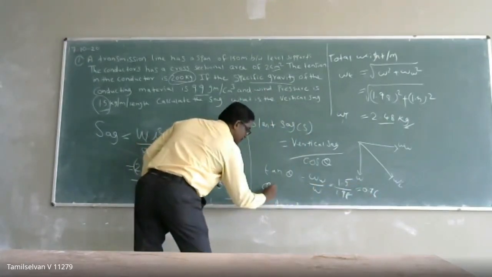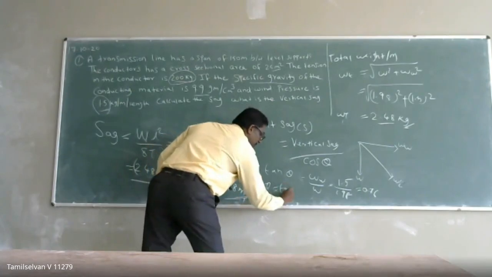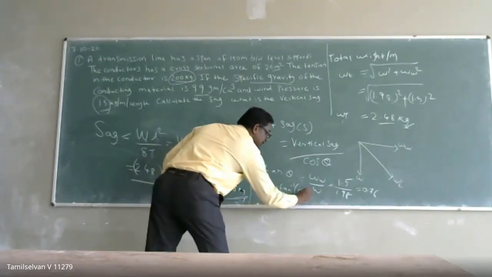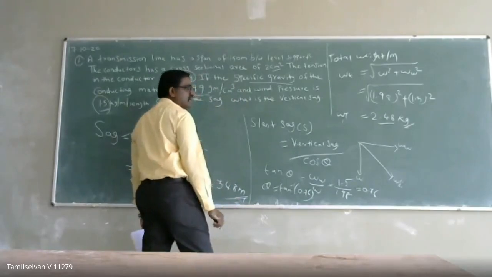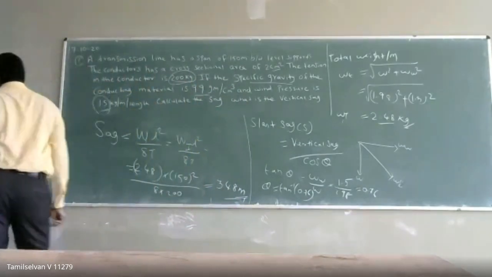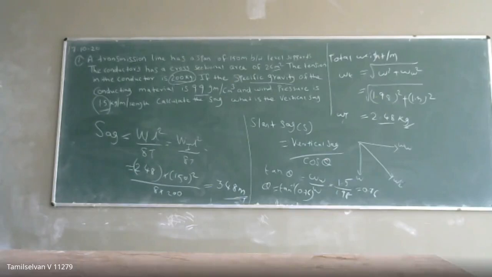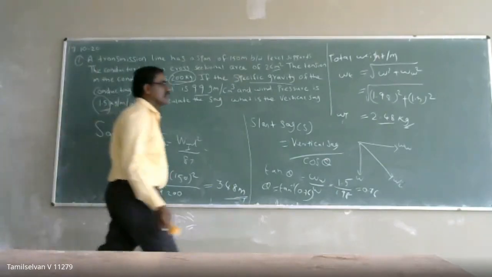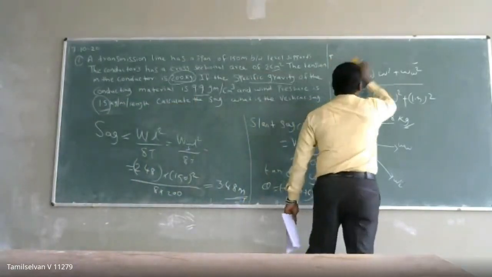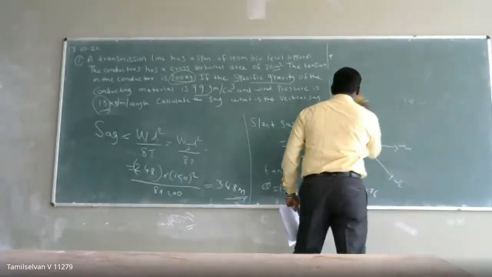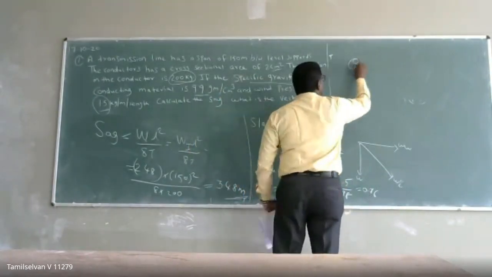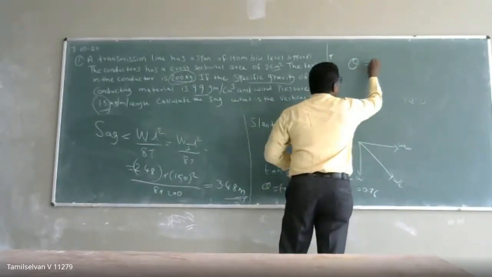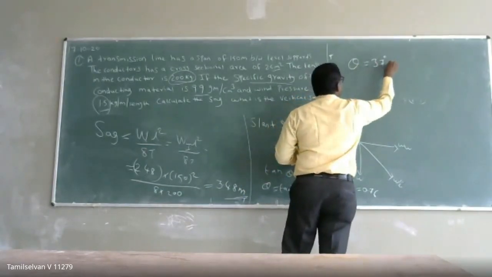It means theta will be equal to tan inverse of 0.7. Theta is equal to tan inverse of 0.7. So it means my theta value will be equal to 37 degree 48 minutes.